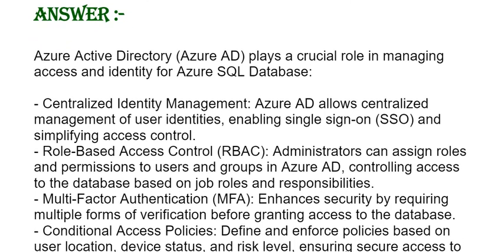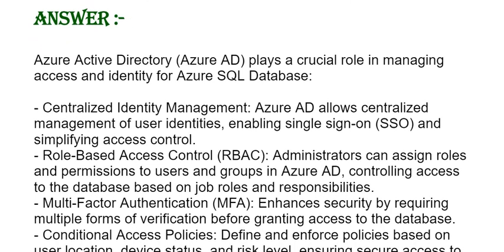Centralized identity management: Azure AD allows centralized management of user identity, enabling single sign-on, SSO, and simplifying access control. Role-based access control, RBAC: administrators can assign roles and permissions to users and groups in Azure AD, controlling access to the database based on job roles and responsibilities.